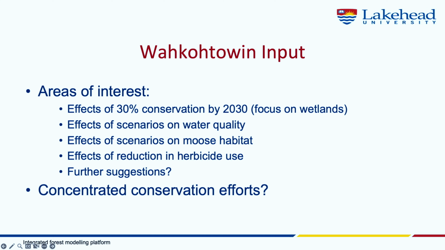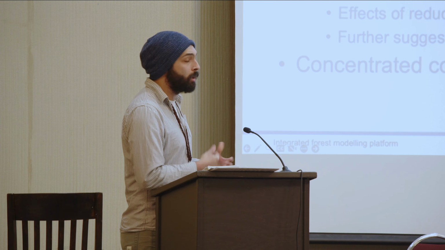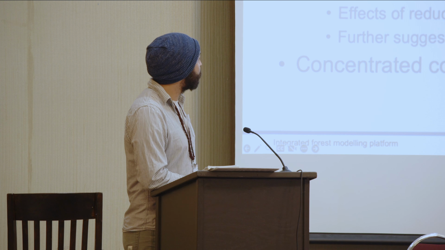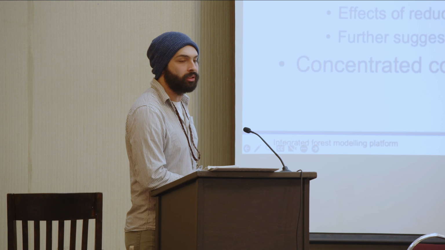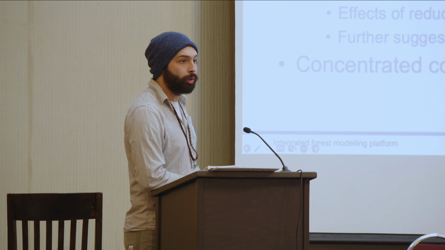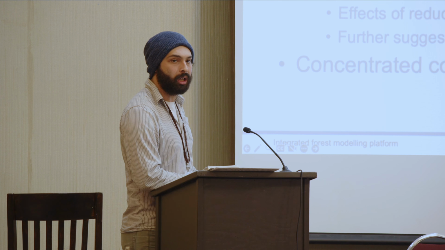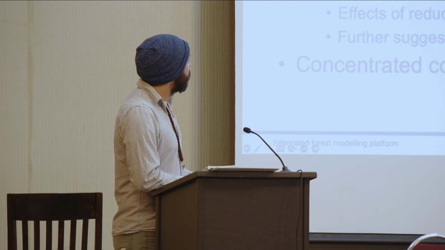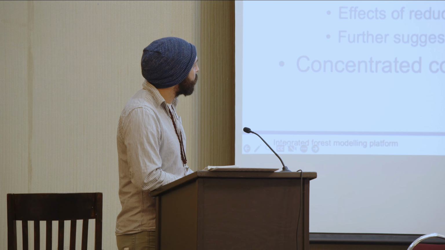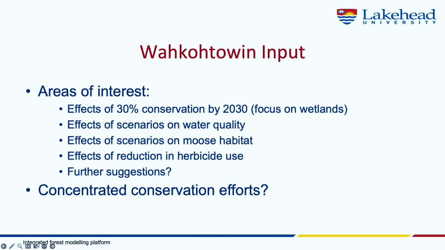So as we've been developing this project, David and Isabel have been very generous with their time and have provided some input for us. Specifically, this is related to the different scenarios that we're wanting to test the model with and sort of incorporate to investigate further. So a lot of this is boiled down to the conservation by 2030.